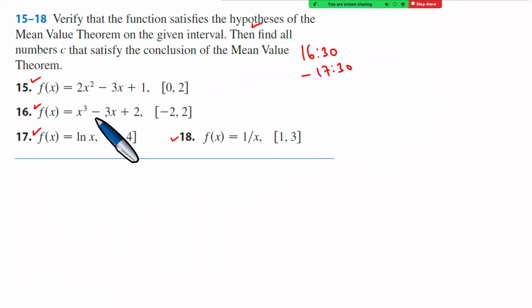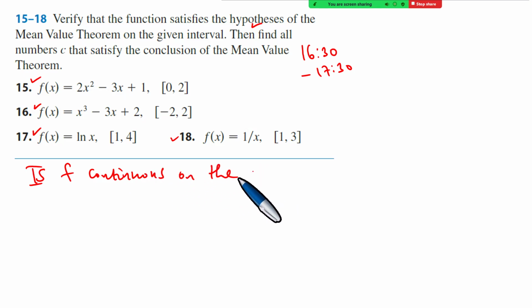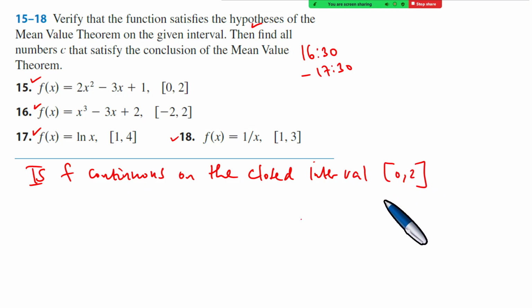We take note of checking whether this function is continuous. So in number 15, we ask the question, is f continuous on the closed interval [0, 2]? That is the question. Obviously, if you look at this particular function, it is a polynomial.